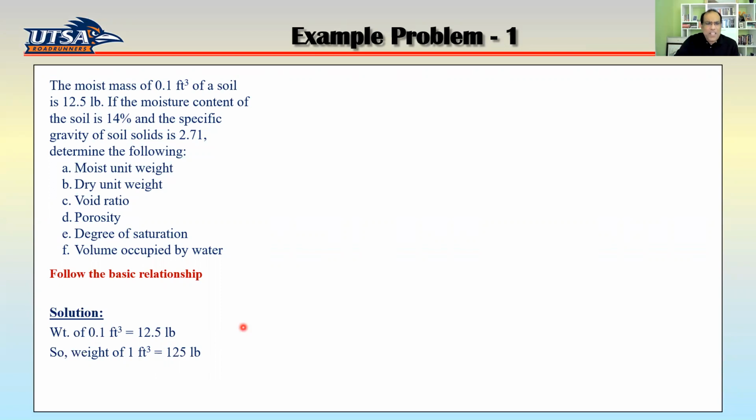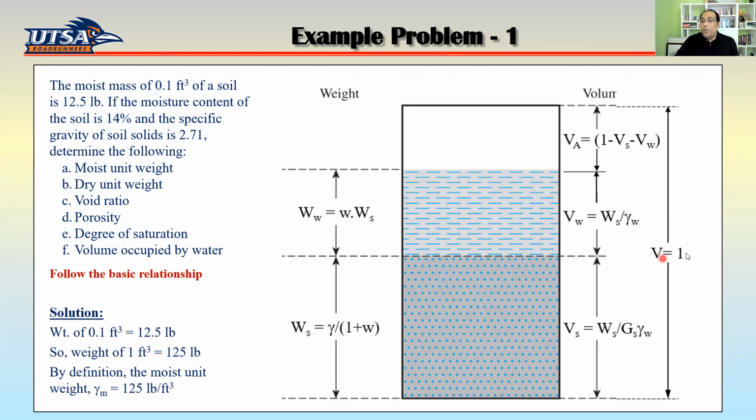Now, by definition, that's actually your moist unit weight. What is moist unit weight? It's nothing but the weight of 1 feet cube of soil. So you got your moist unit weight is 125 pound per feet cube. Now, since your unit weight is given, you have to consider that the total soil is 1 feet cube, okay? So here, your total volume is 1 feet cube.